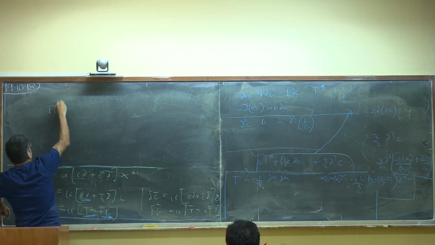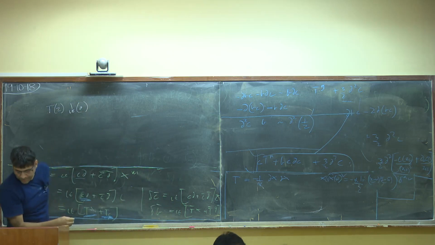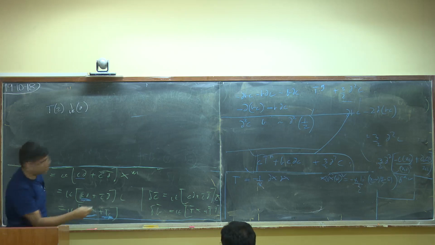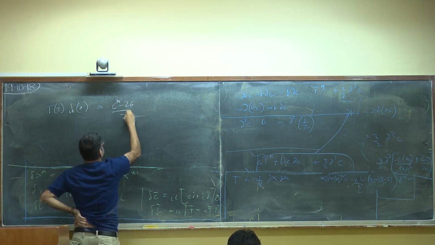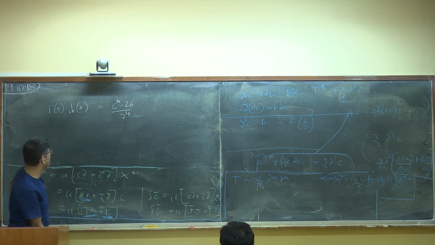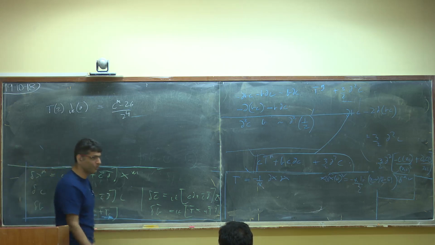The famous T of z times j BRST of 0. Oh, actually when Cm is 26, it is a genuine tensor. I've forgotten that.